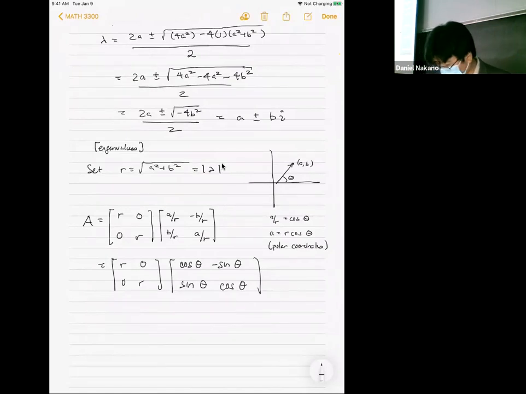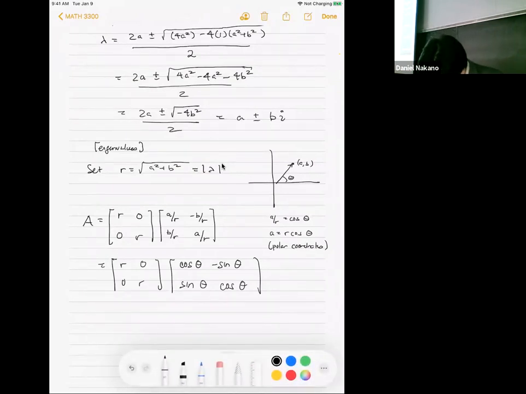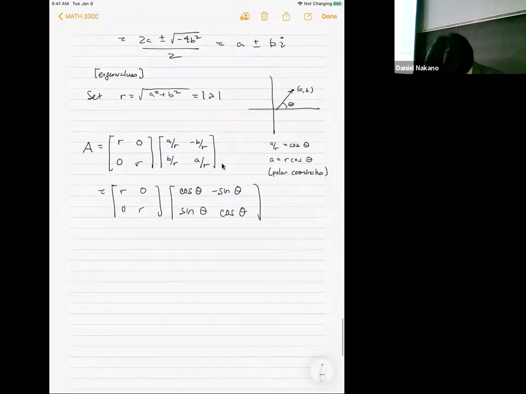Now, this matrix here, I'll put it in red. This is a scaling matrix. I've written A in terms of scaling, multiplying by some scalar. And then this matrix rotates. I think we've seen this before. This is a rotation matrix.